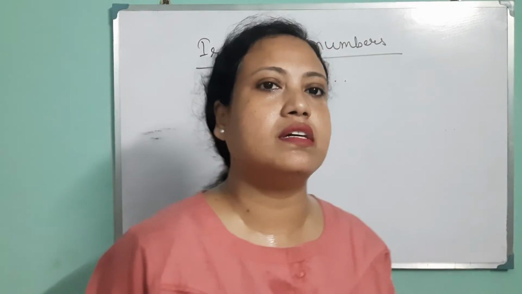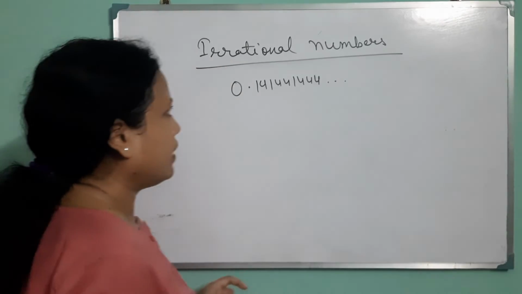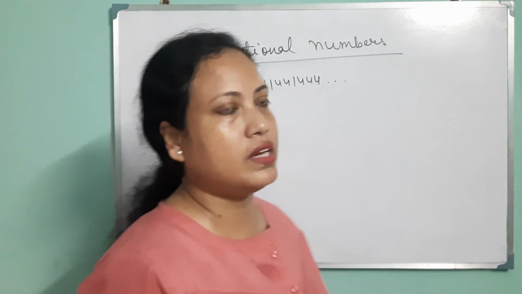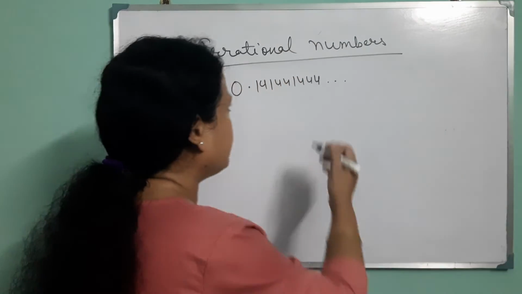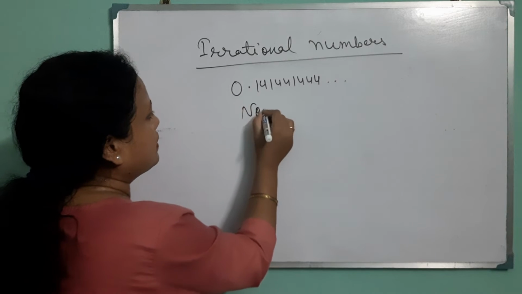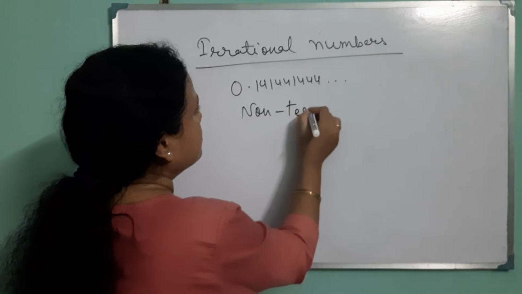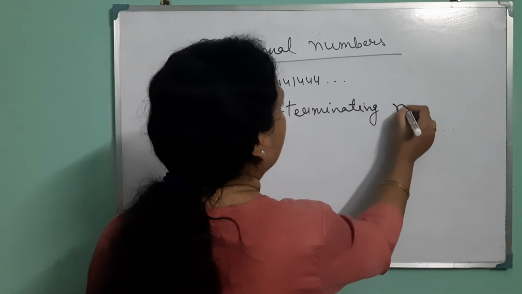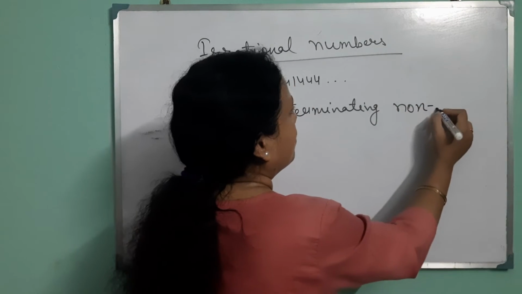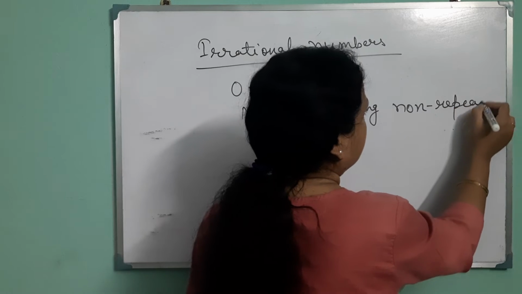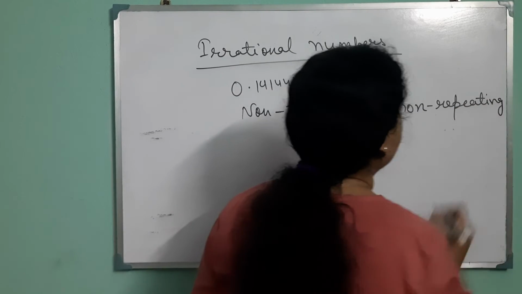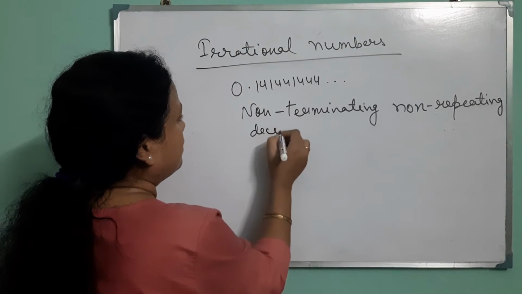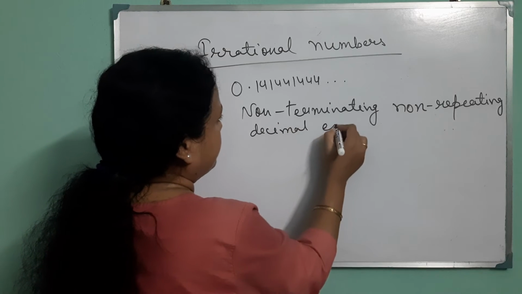There is no repeating block of digits. Okay, so these type of numbers are known as irrational numbers. These are known as non-terminating, non-repeating decimal expansion.